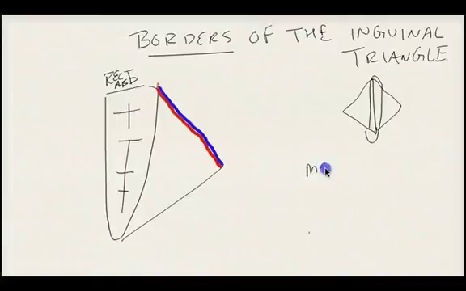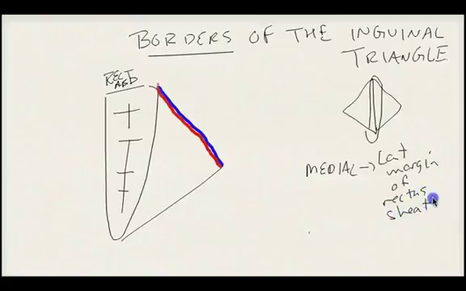So the medial border is made up of the lateral margin of the rectus sheath. Now we have a lateral but superior border and a lateral but inferior border.